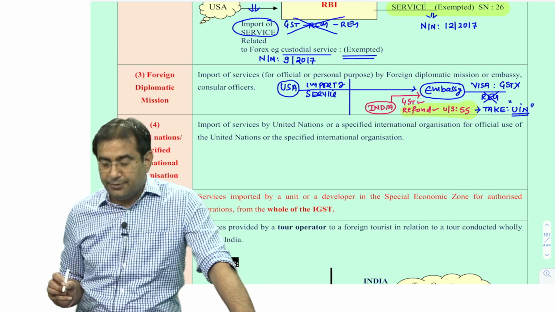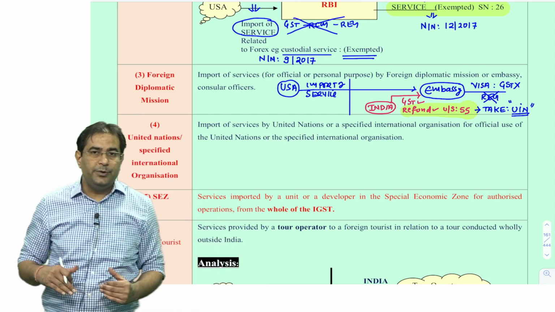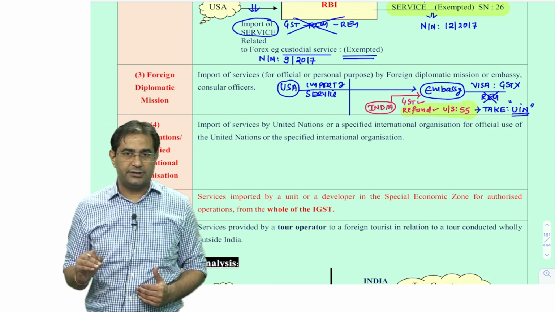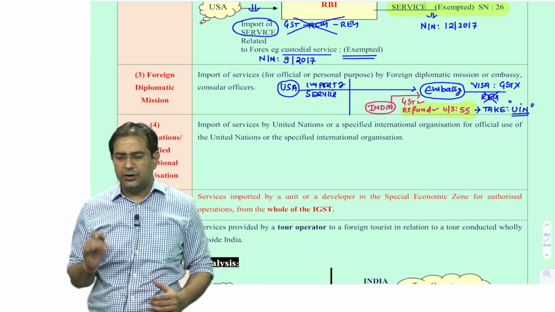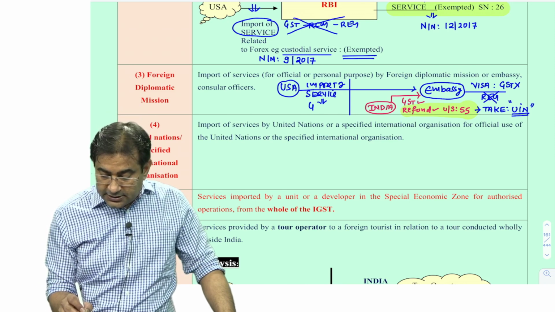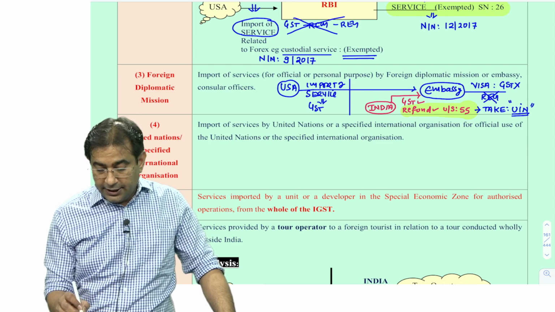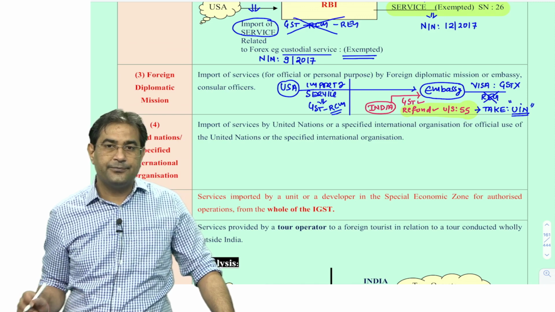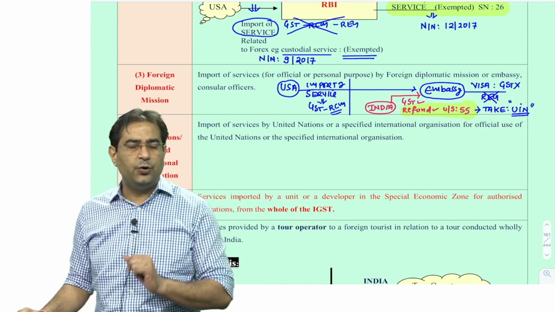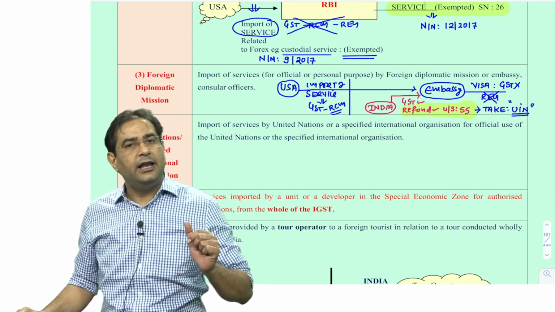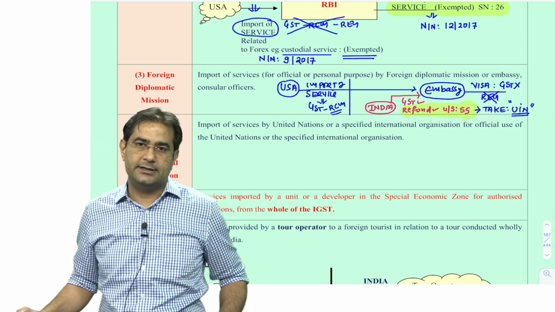Whether such import of services should be liable to GST or exempted from GST. Suppose if it is liable to GST, then what will be the consequences? If it is liable to GST, then it will be covered under reverse charge mechanism. And in case of import of services, except OIDAR, the recipient is liable to pay GST under RCM.